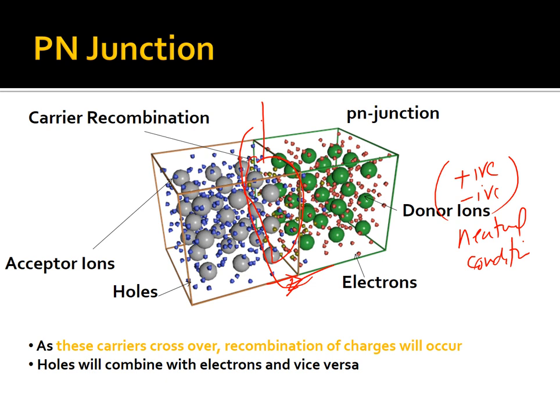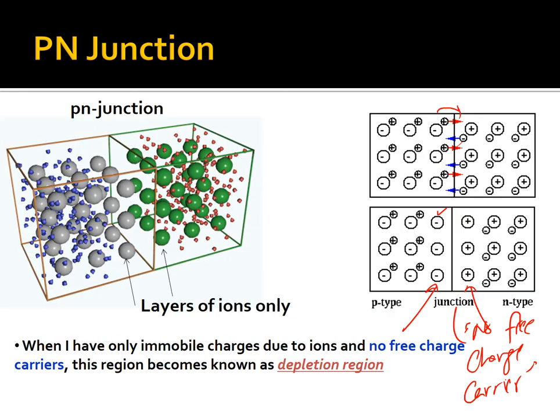But at the junction point, they are surfaced out due to the recombination. Now here we just have the original layer of ions, the positive ions and negative ions. There is no other free charge carrier. So at the junction point we get a depletion region.